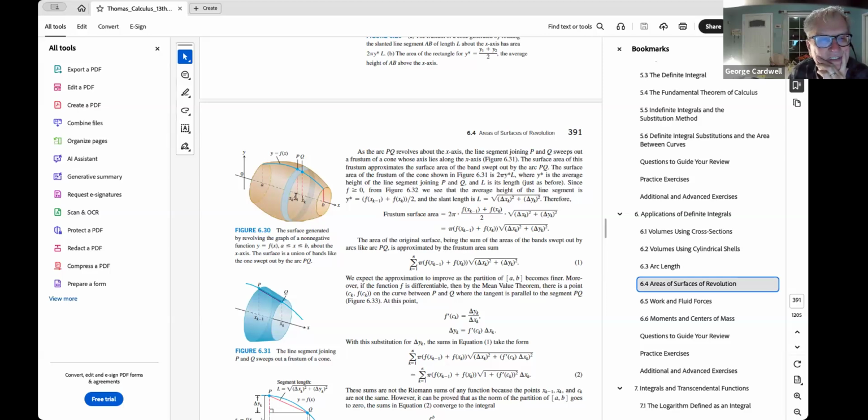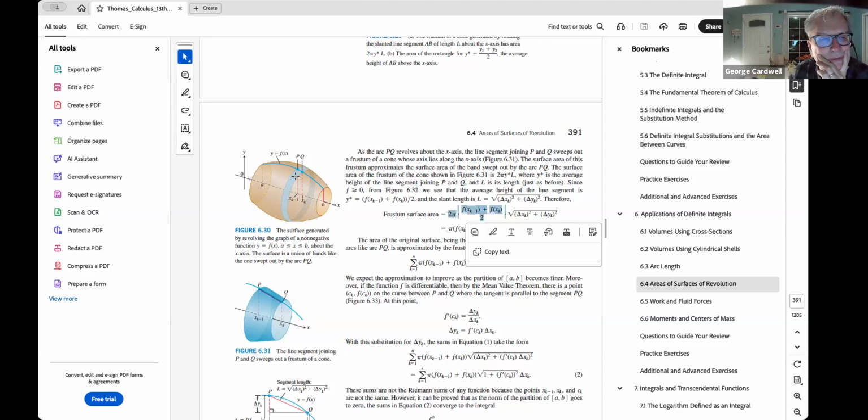If f of x_{k-1} is this p, and f of x_k is this q, then f of x_{k-1} plus f of x_k divided by 2 is the midpoint between p and q in height. He uses that average height as the radius of a cylinder, and then takes the circumference, 2 pi times that radius. So that's where 2 pi times that radius comes from.